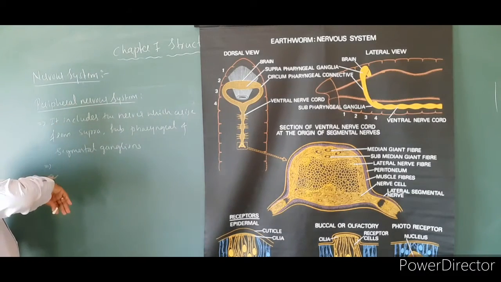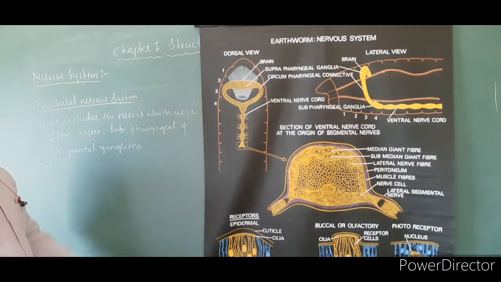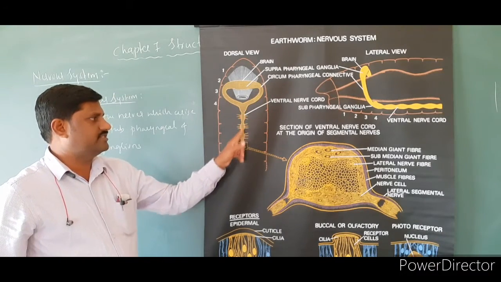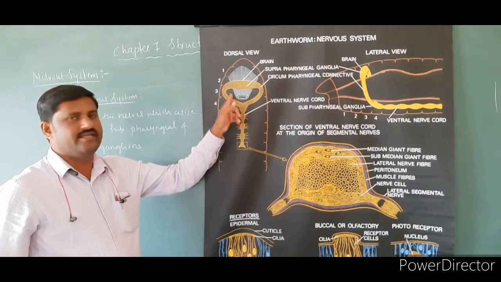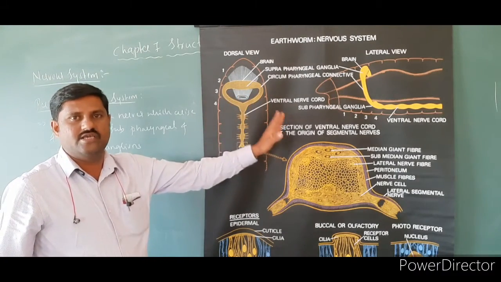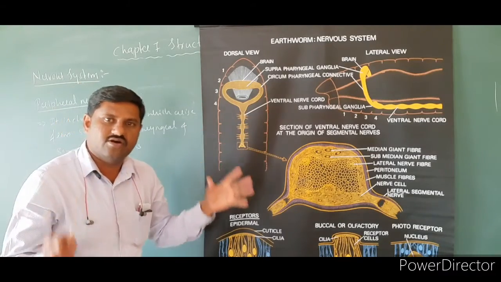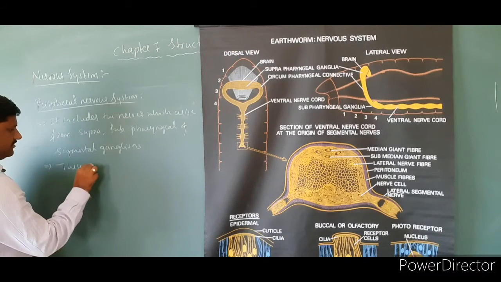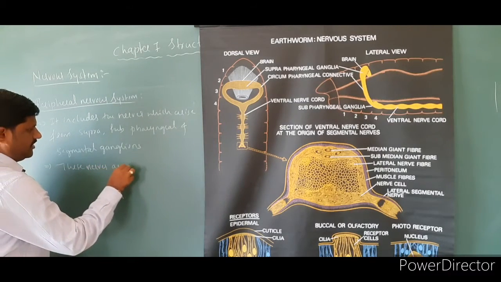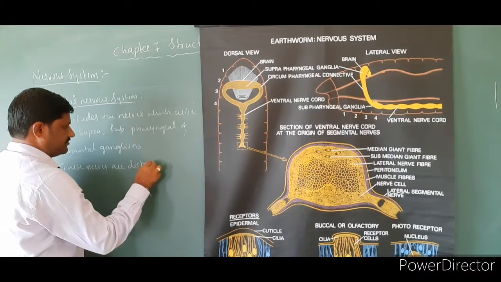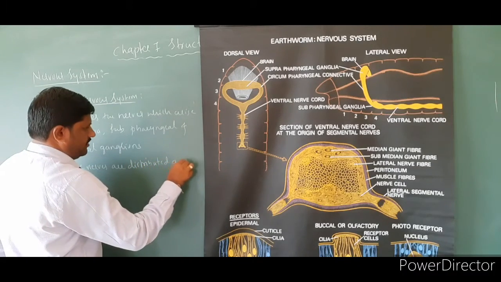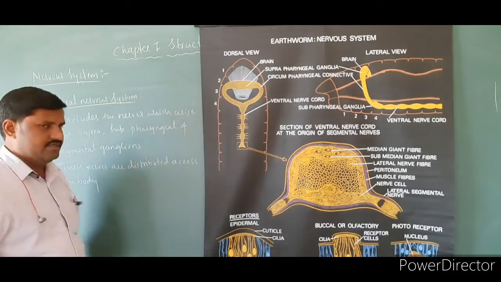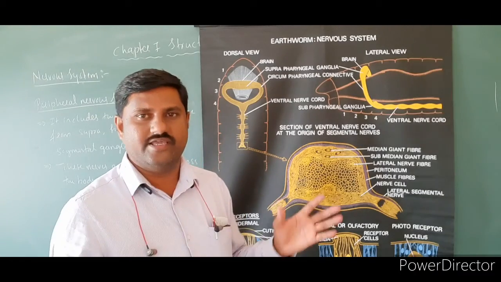Apart from this one, as you know, these peripheral nerves arising from the segmental ganglions go towards the periphery of the body, and they are distributed across the body, right?